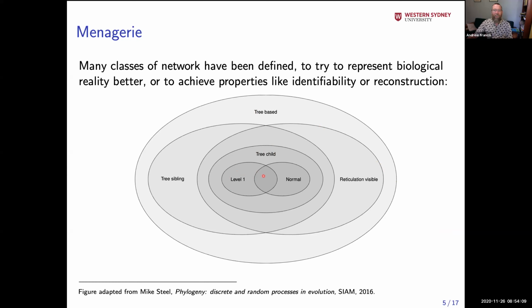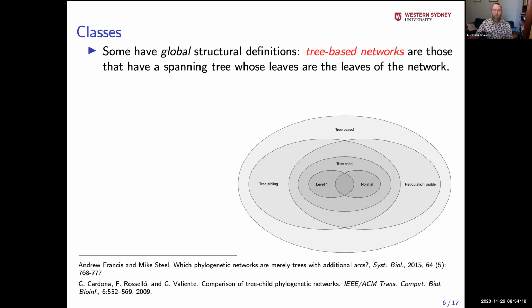So trees, of course, sit right here in the middle. Trees are in all of these classes. Trees, I should say, are not the intersection here, but they're a subset of that intersection. Some of these families of networks have more globally structural definitions, and tree-based networks are an example of that. They're ones which have a spanning tree whose leaves are the leaves of the network.